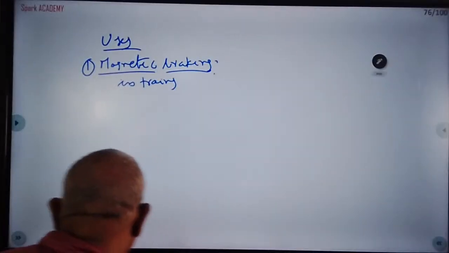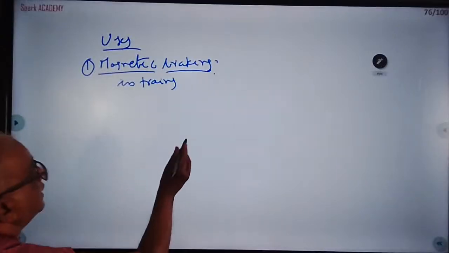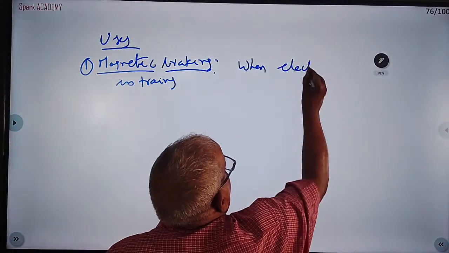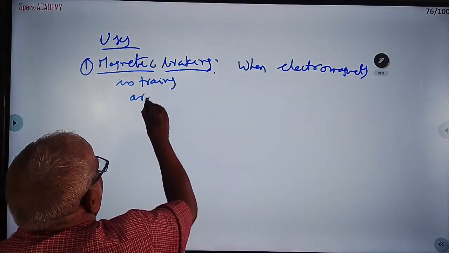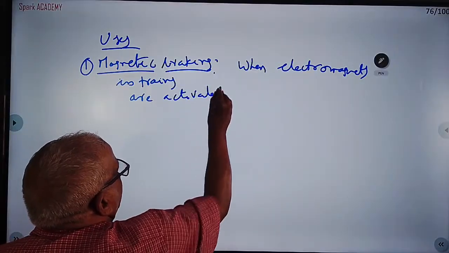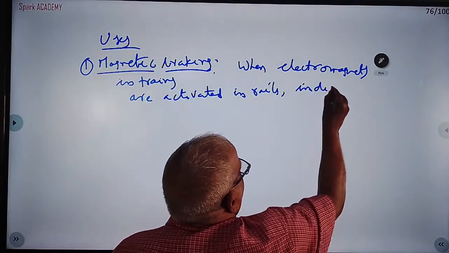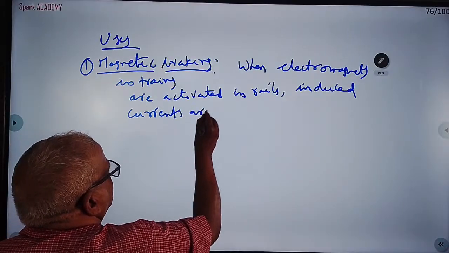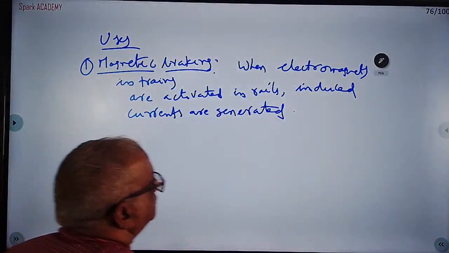When electromagnets are activated in rails with soft iron pieces, induced currents are generated, because Earth's magnetic field is there.